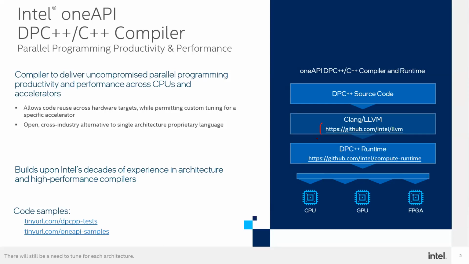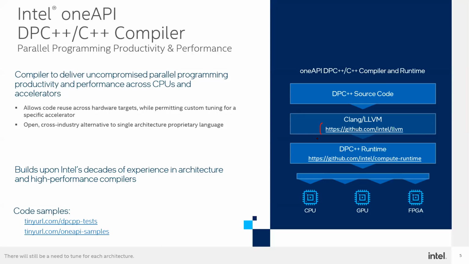However, when we are talking about the compiler, you need to know that it may consist of different parts. For example, we separate a compute runtime, which is required for the runtime, but in some sense, it is still a part of the compiler, because for DPC++, the compilation doesn't happen in the way it happens for CPUs.